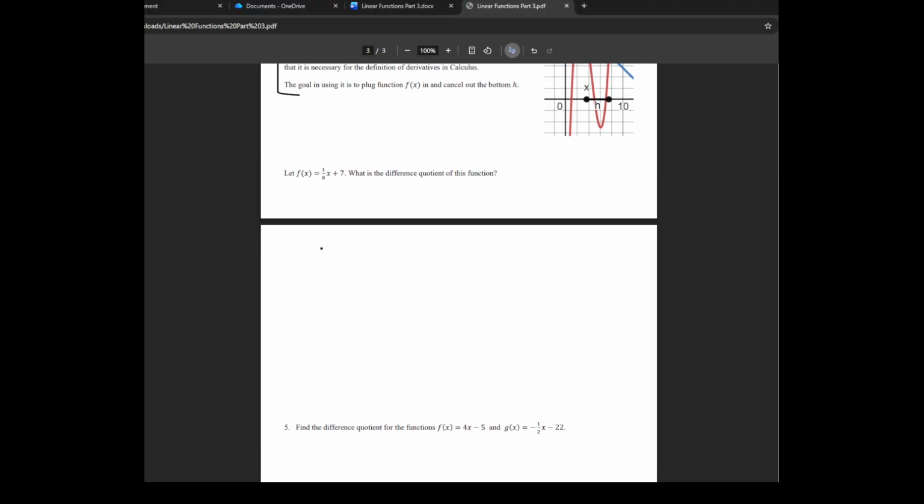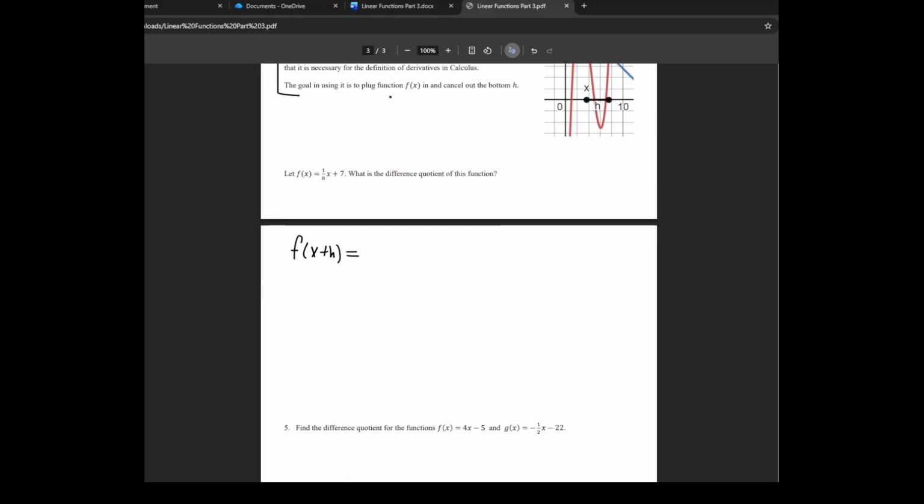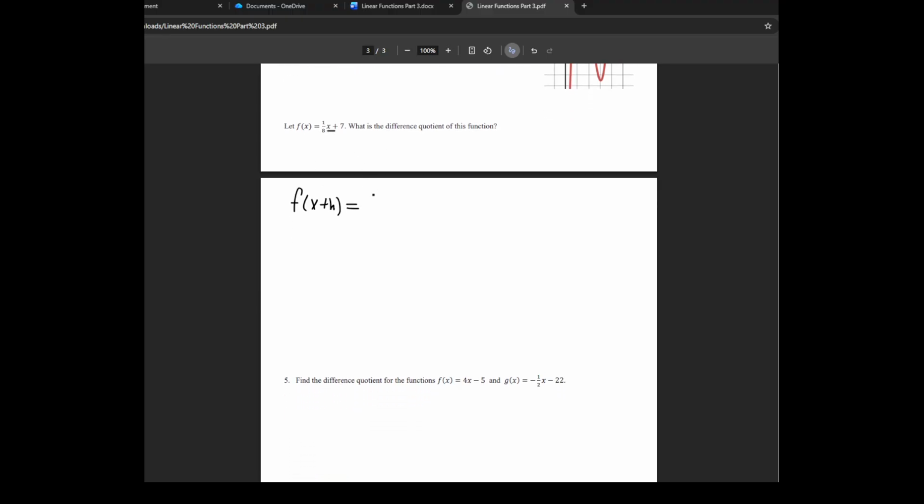So if we want the difference quotient, first up, we need f of x plus h. So let's find that. Well, f of x plus h just means I plug in x plus h everywhere I see an x, or for all the inputs. So it will be 1 over 8 times in parentheses x plus h, plus 7. And we can simplify this a little bit. We're going to distribute this 1 over 8. We don't know what h is. h is just the difference between two points.